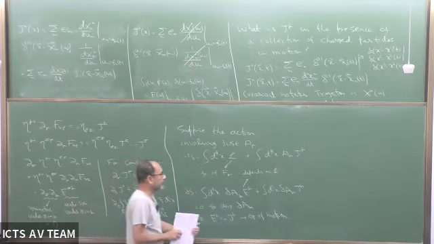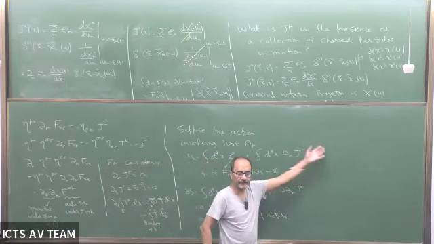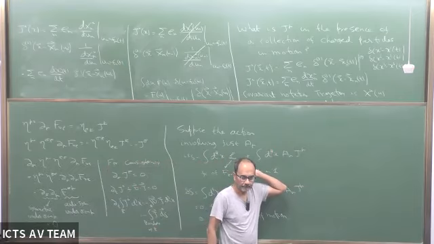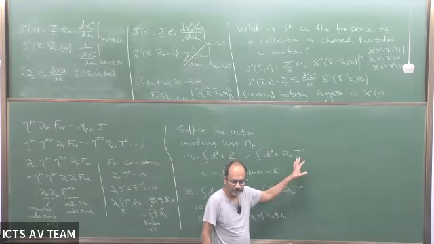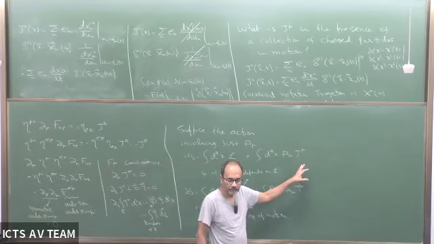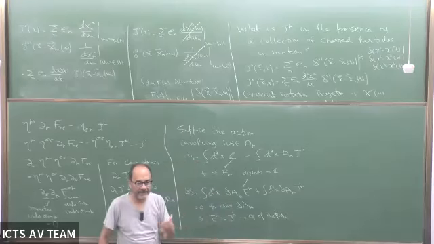J mu is a source that may depend on other fields or objects, like in this case, it depends on the particles. It may be dynamical, but it doesn't have A mu. That's all we are using. To get the A mu equation, you just vary A mu. We have to vary everything and get the equations.